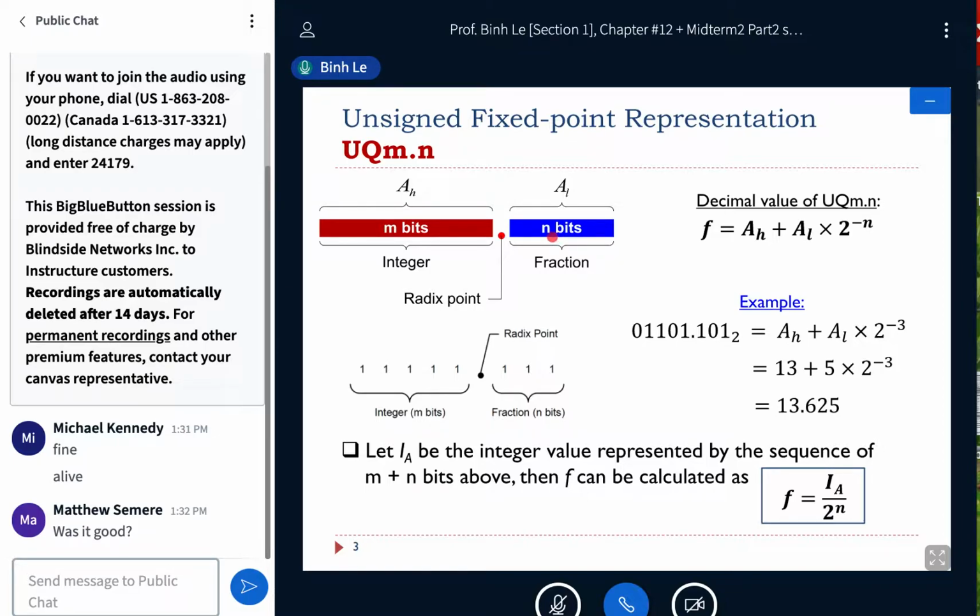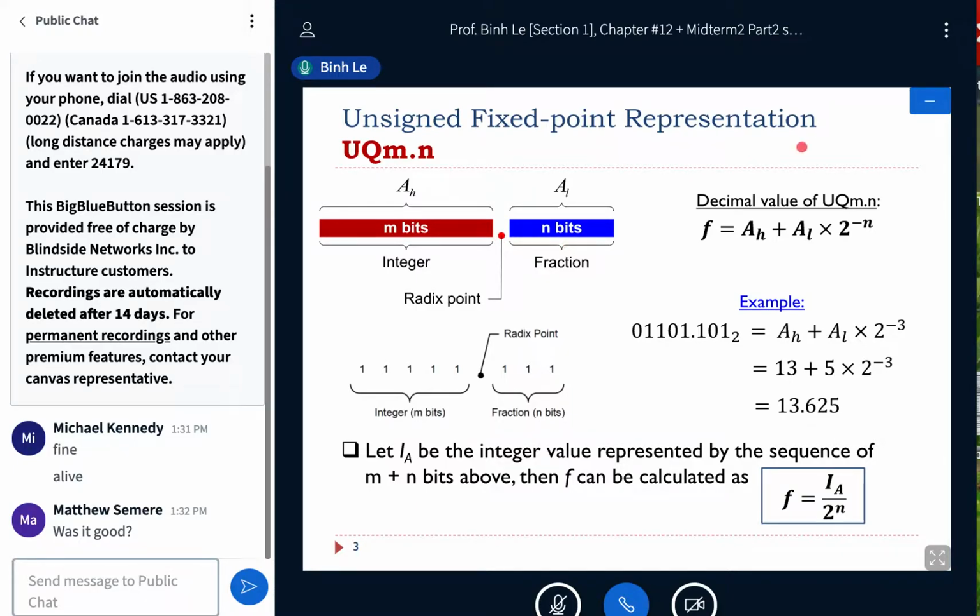For example, if you have a binary number of m plus n bits and you want to use it to represent a real number, one way to do it is to set aside n bits to represent the fraction, and the remaining m bits to represent the integer portion in front of the decimal point, in this case the binary point.